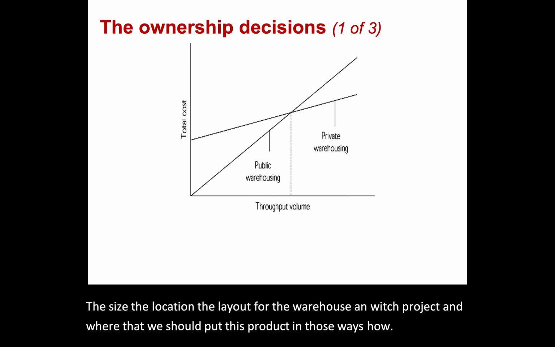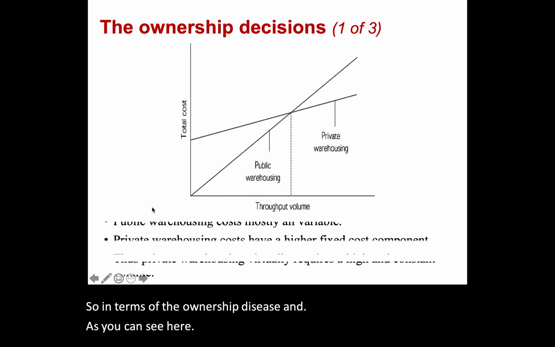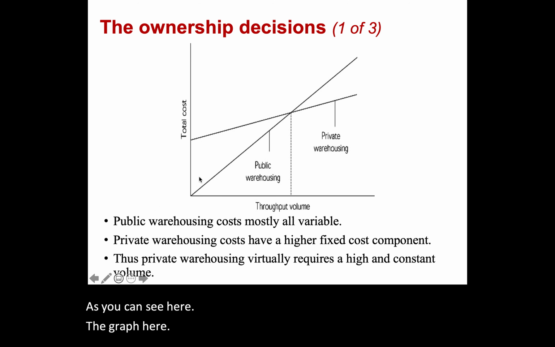So in terms of the ownership decision, as you can see here, the graph here, so we have two axes. The vertical axis represent the total cost, and the horizontal axis represent the throughput volume. So it depends.